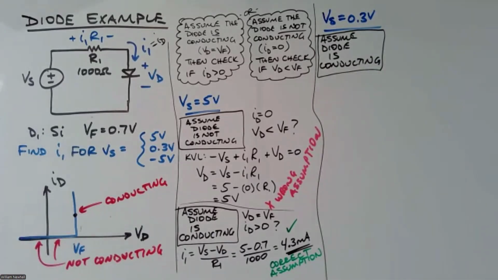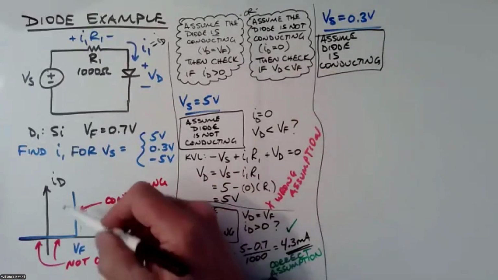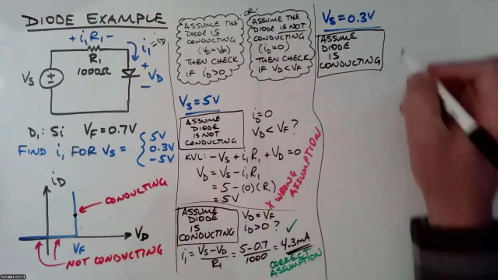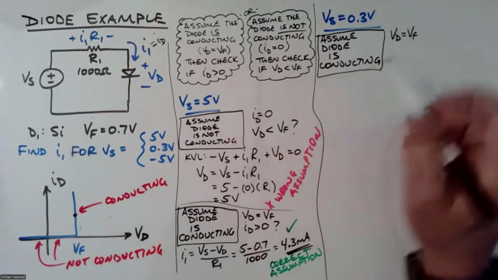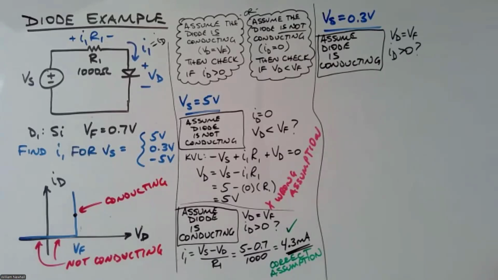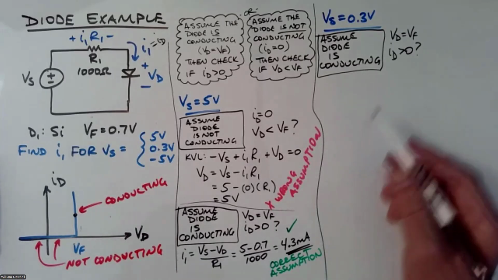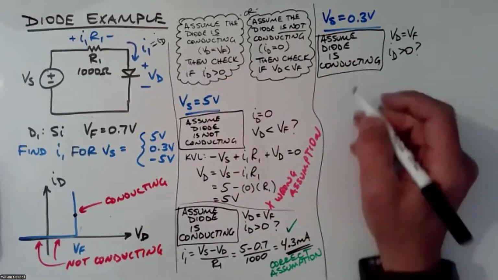Okay. And so that means VD is equal to VF, right? We're here on the curve. And we want to check: is ID greater than 0? All right. Well, we have an equation down here that calculates ID or I1, right? I1 equals ID from VS, VD, and R1.